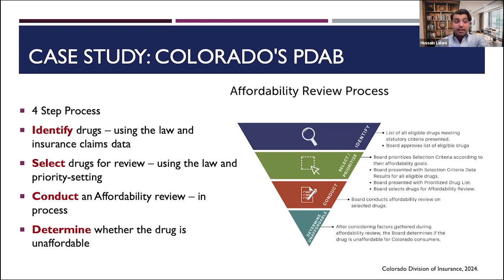So the first step is to identify drugs that are eligible for an affordability review. Just to identify the list, and that's using the law, which spells out specific criteria for which drugs may be eligible, and insurance claims data to help process some of those metrics that the law spells out.